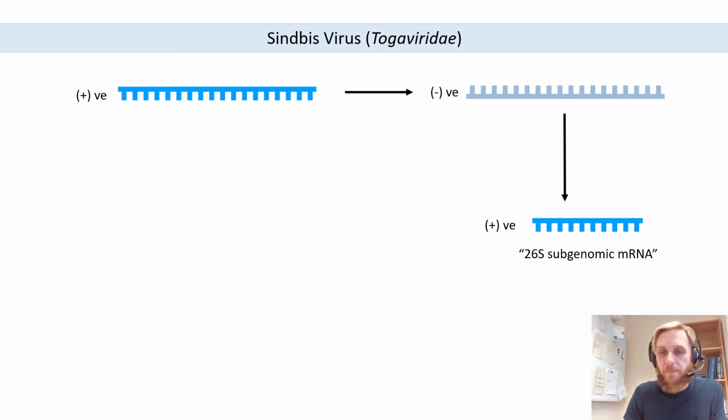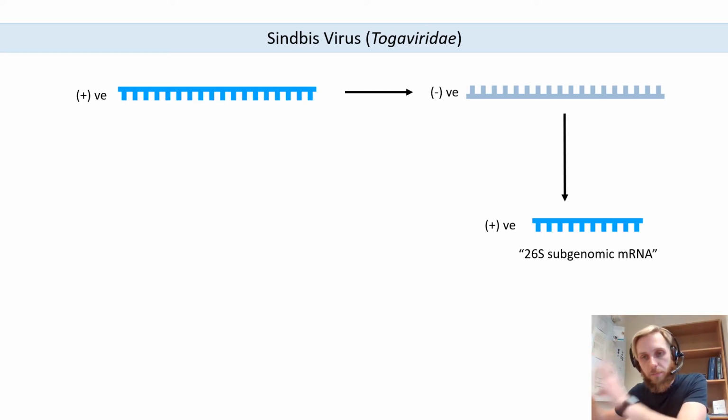This is, again, the idea that these positive sense single-stranded RNA viruses will all start off with a positive sense single-stranded RNA genome. This genome will be used to produce a negative sense single-stranded RNA copy, and then this negative sense copy can be used to produce either positive sense single-stranded RNA in the form of subgenomic fragments that will be translated into protein.